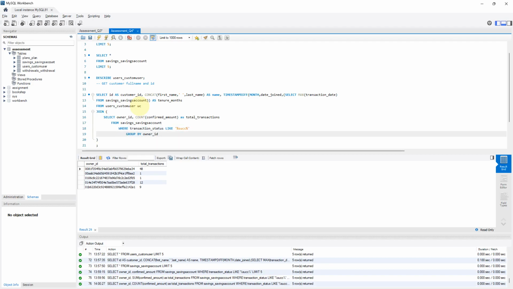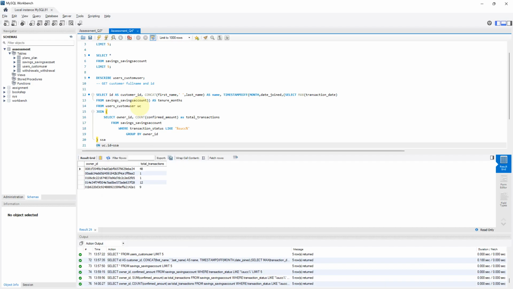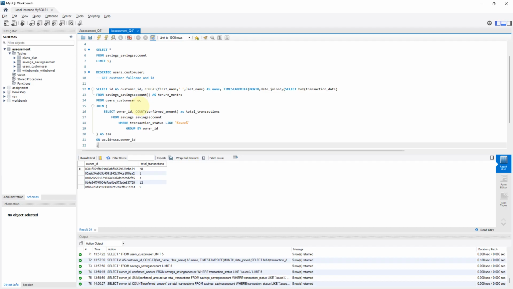I'll also give this an alias, SSA. I will now say on uc.id equal SSA.owner_id. So I think this should be it.